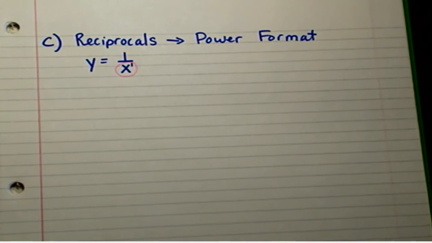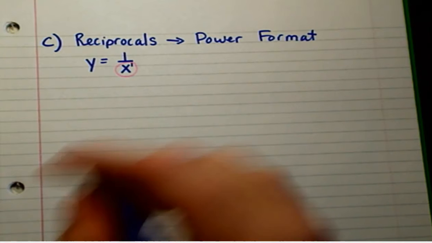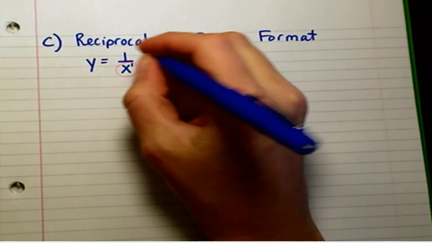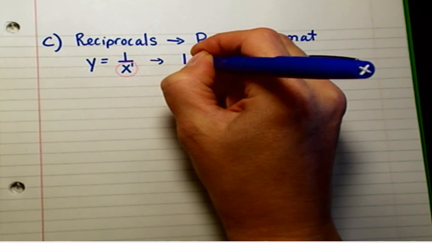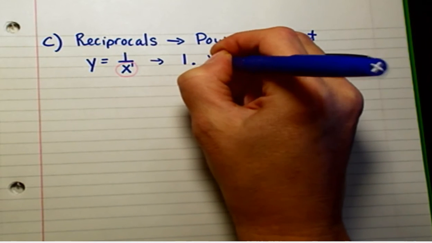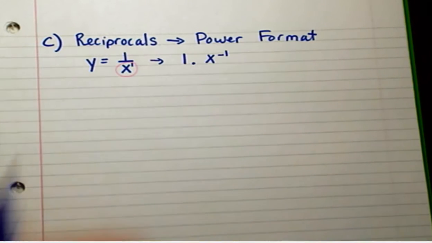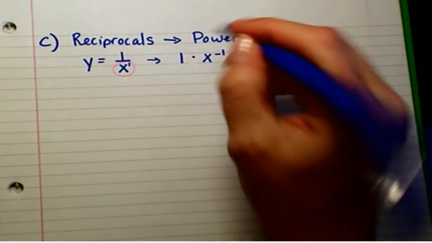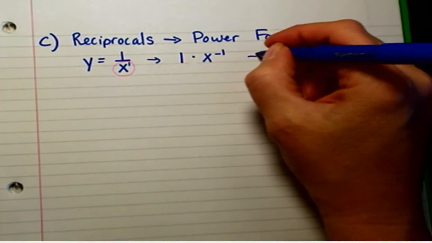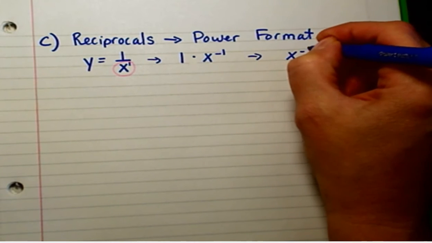In order to change locations, you change the sign on the exponent. Notice how this 1 is going to stay, and the x is the piece that's moving. That was supposed to be a times. That is power format: x to the negative 1.